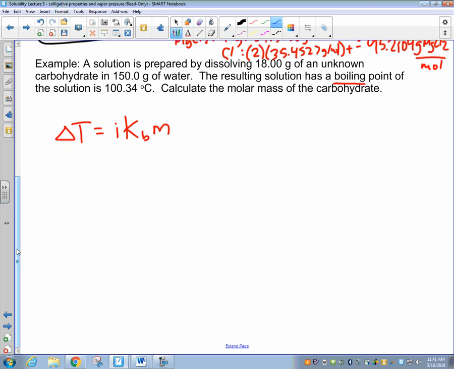Number one, the species which we have is a carbohydrate which is dissolving.